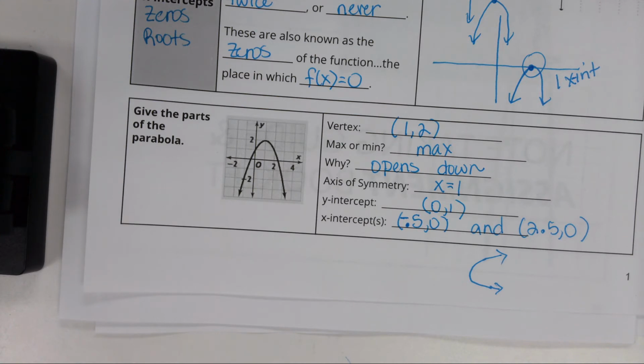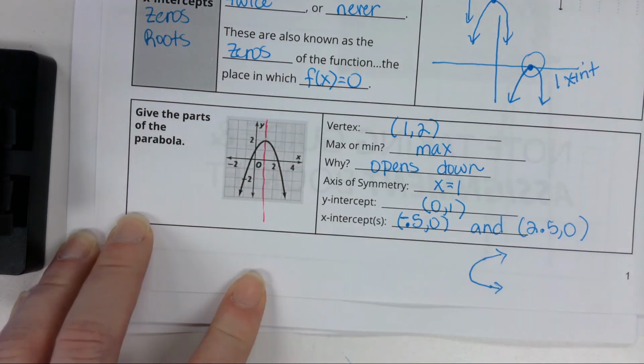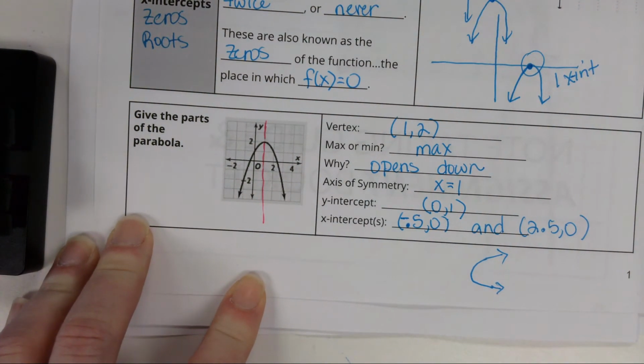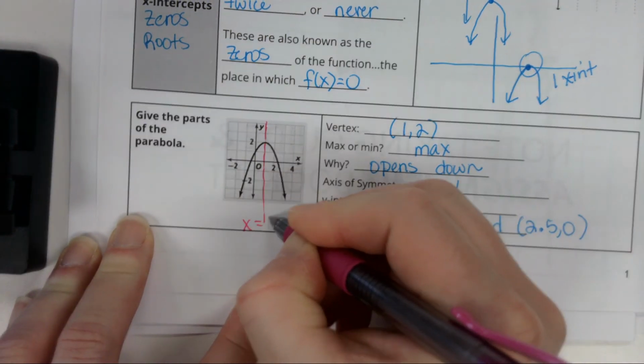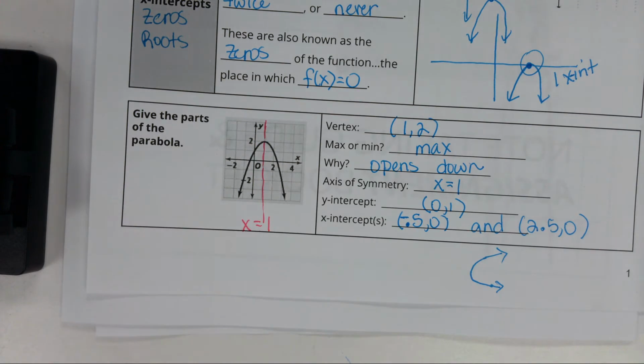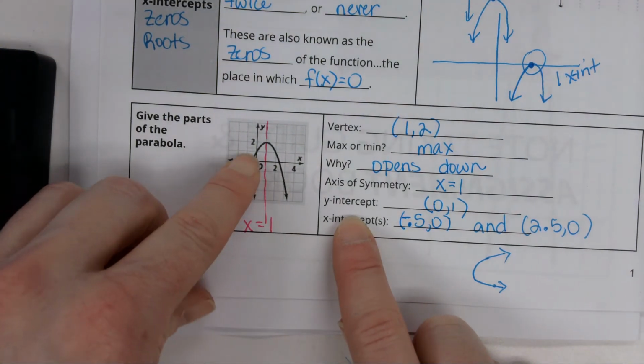Okay, so the axis of symmetry is a vertical line that goes through here. And so the equation for that line would be x equals 1. We didn't talk about y-intercept, but the y-intercept is just the point where it touches the y-axis. So it touches at 0, 1.